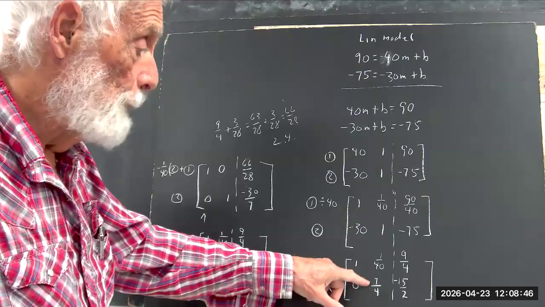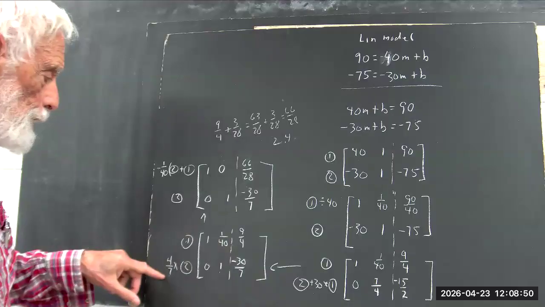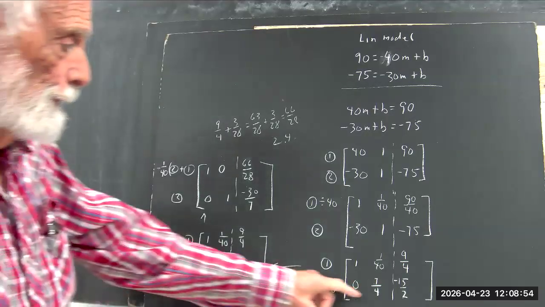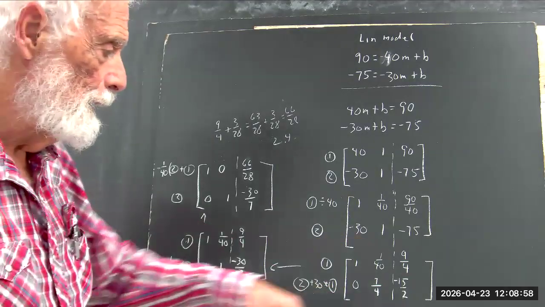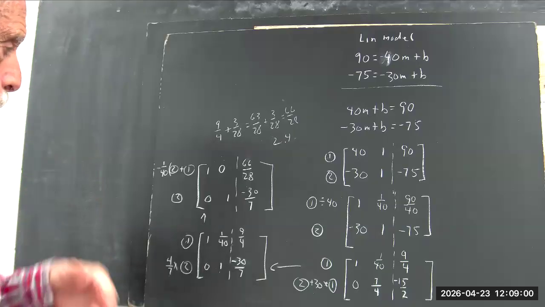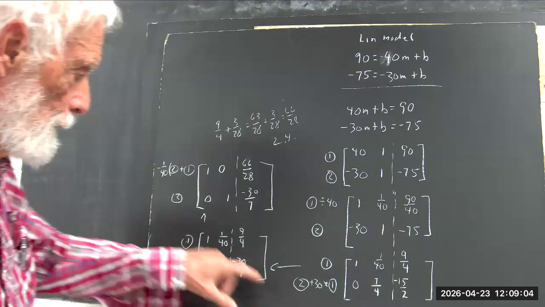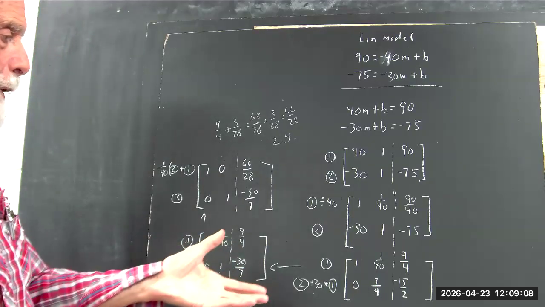And to get 1, we just multiply 7/4 by 4/7. So we do 4/7 of the whole row. 4/7 of 7/4 is 1. 4/7 of -15/2 is -30 over 7. Okay, and that's an easy multiplication.